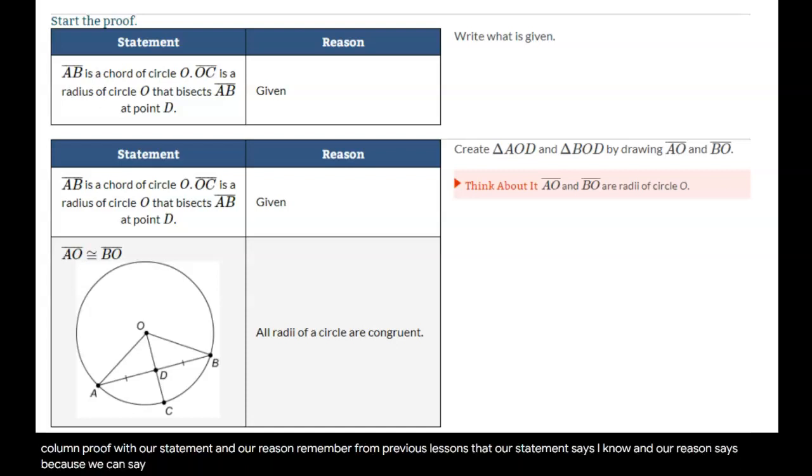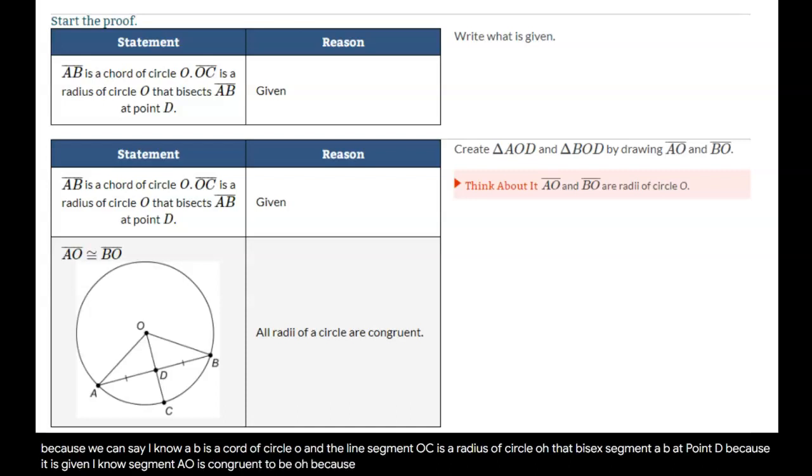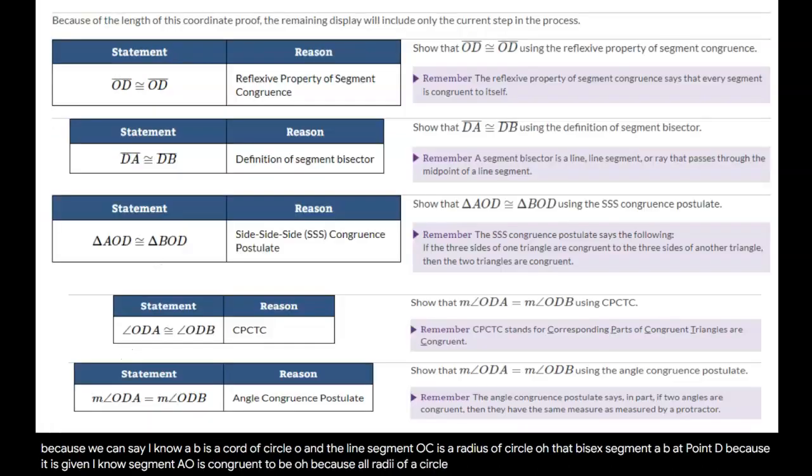We can say, I know AB is a chord of circle O, and segment OC is a radius of circle O that bisects segment AB at point D, because it is given. I know segment AO is congruent to BO because all radii of a circle are congruent.